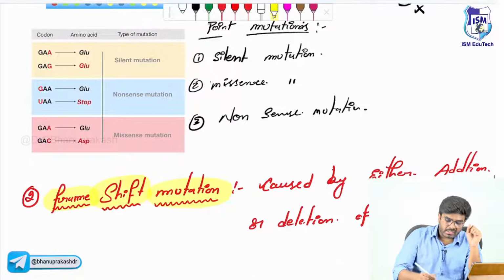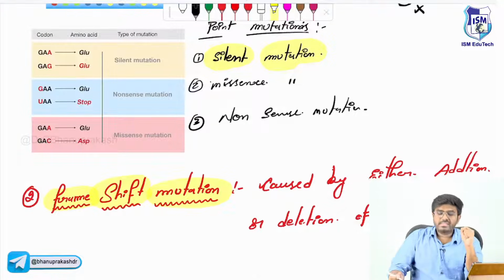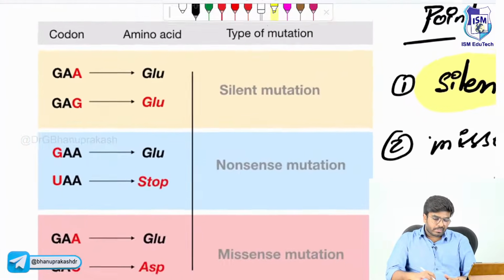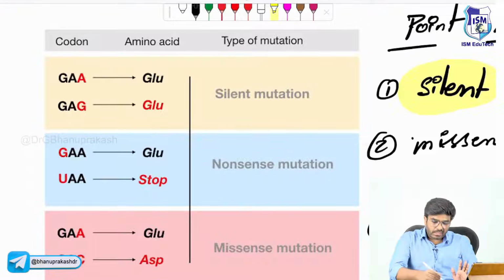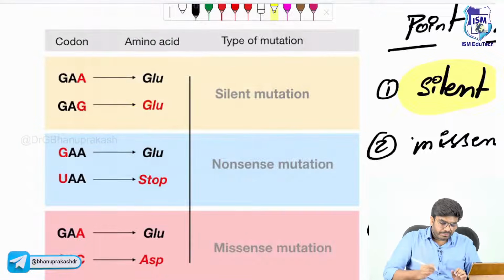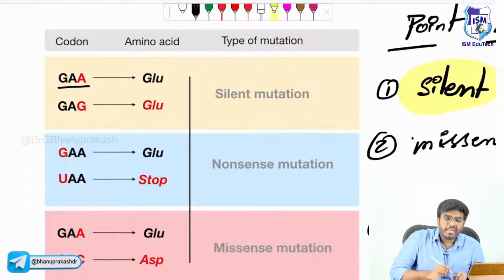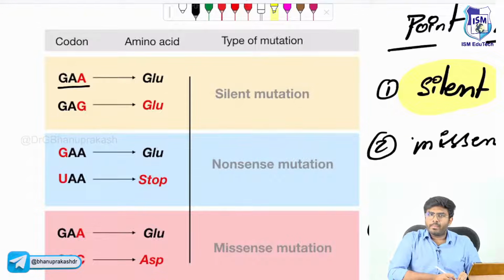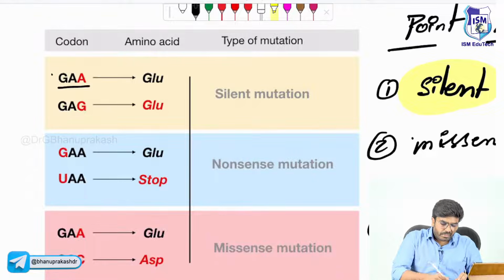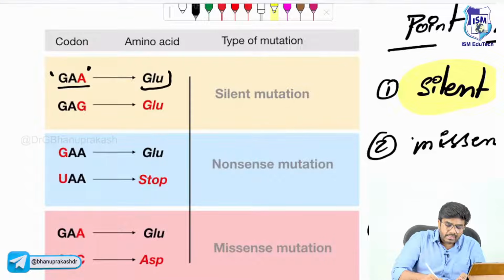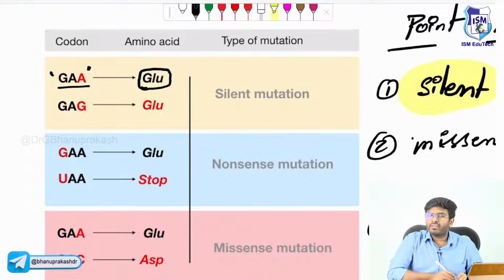So first of all, let's discuss what a silent mutation is. Look at this example. Normally the codon on mRNA should be GAA. If the codon is GAA, then it codes for glutamic acid.